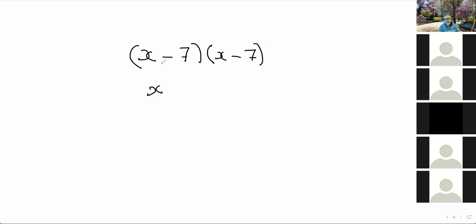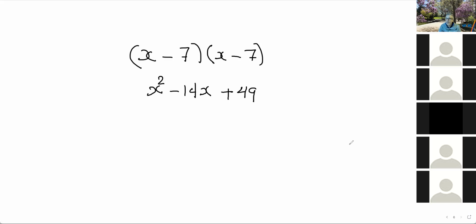You just look at this and then double this, which gives me minus 14. Then you put an x there and then square this. Negative 7 squared will give me plus 49. That's the shortcut when you have the same thing multiplied by itself. When you have something multiplied by itself, you could take that kind of shortcut. Sorry, that's x squared there. I forgot to write the square. Does that make sense, Mohammed bin Hussein?